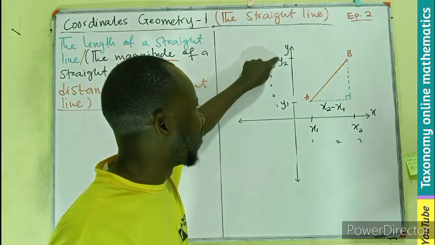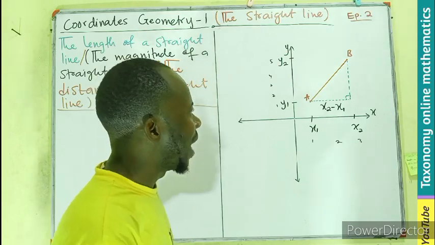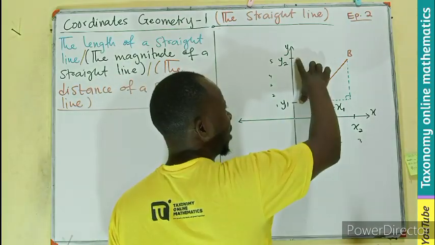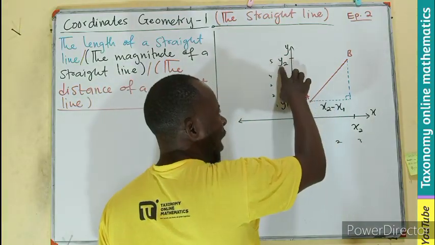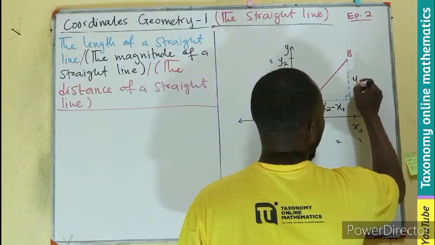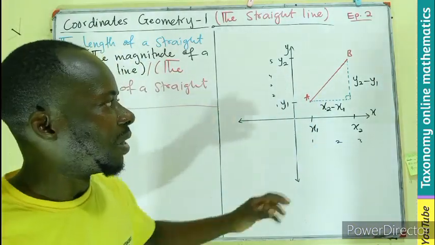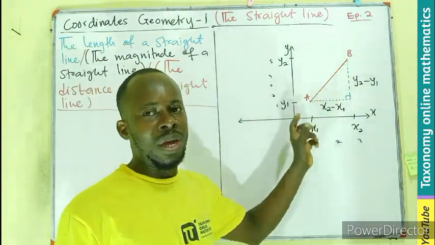Or better still, take 5 minus 1, which will still give us 4. So I can say that the displacement from here will be y2, 5, minus y1. So here will also be y2 minus y1. And you can see clearly that this is a right angle triangle.